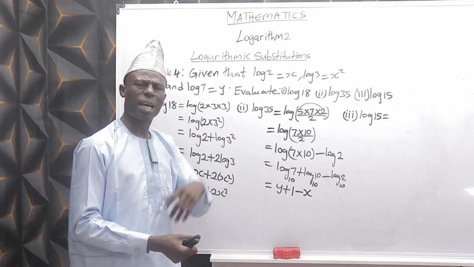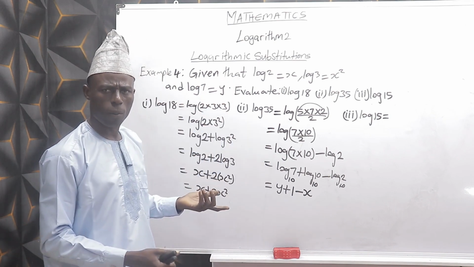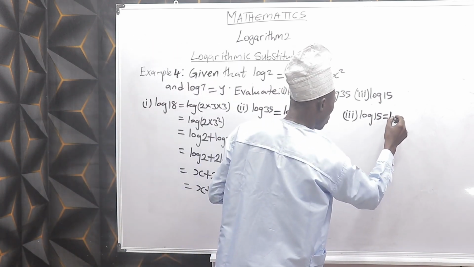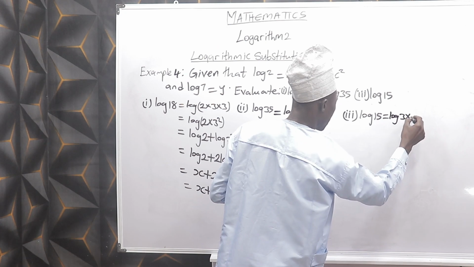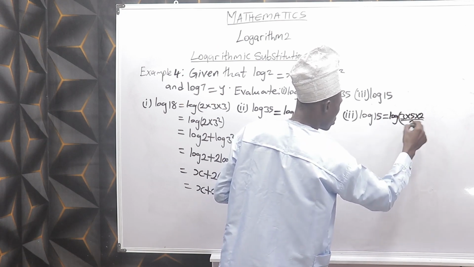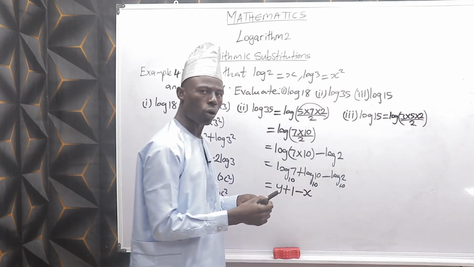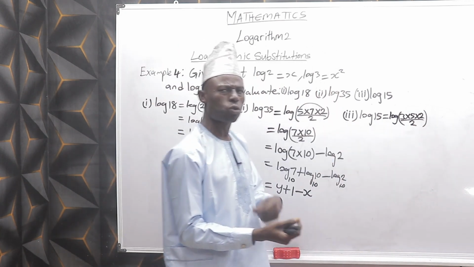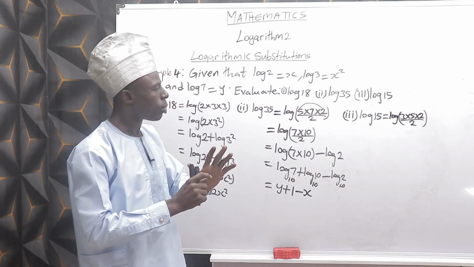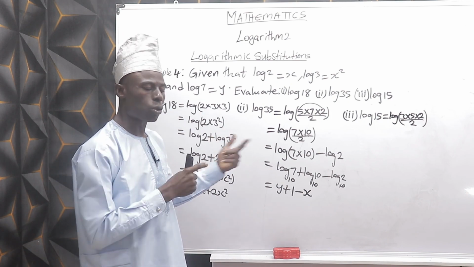So we cannot use extraneous material or value. So you now have to say this is log 3 times 5 times 2 divided by 2. I use 2 today because it is only 2 I can use to manipulate 5 to become 10. Having 10 will give us a way out because we will use common law.